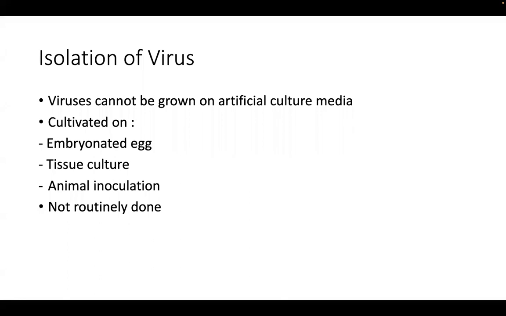We can use a tissue culture, or animal inoculation can be done. And as I had said, it's not done routinely, because there are more efficient and newer methods that are used for diagnosis. So these are just used, most of the time, for research purposes.